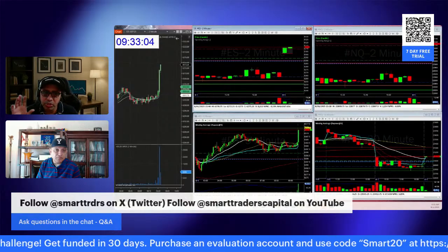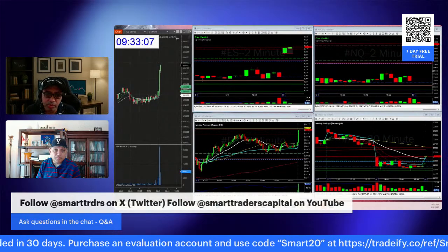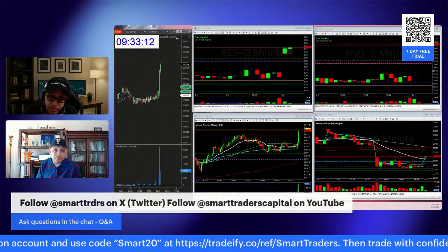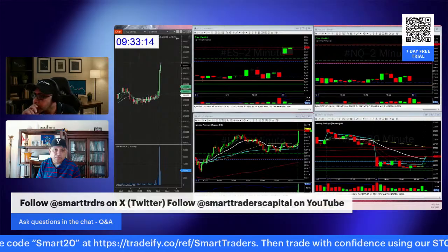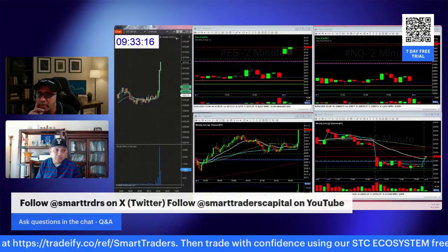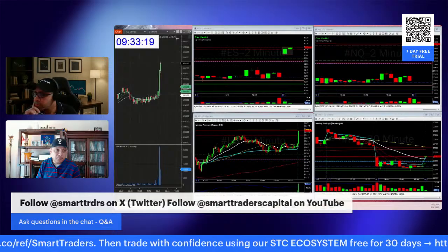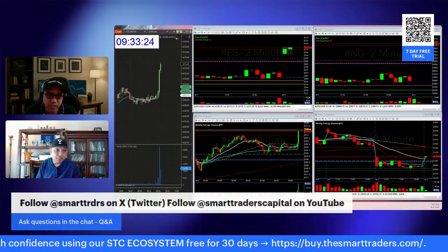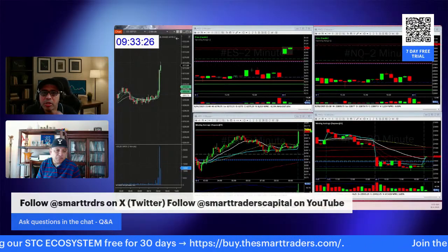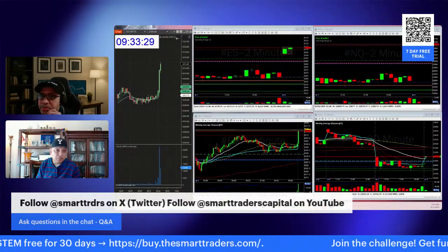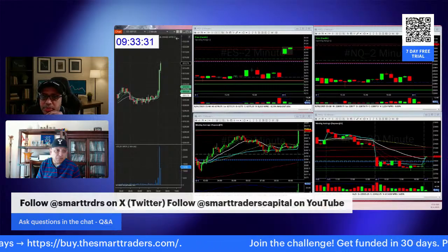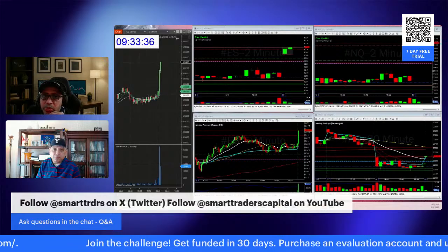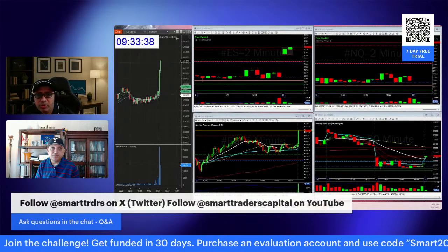Now what we need to see is whether NQ holds this and breaks out over the highs. Both are over the highs. So I'm going to look for the long side setup on the opening range. 23,120 could be a good setup with a 20-point stop loss.